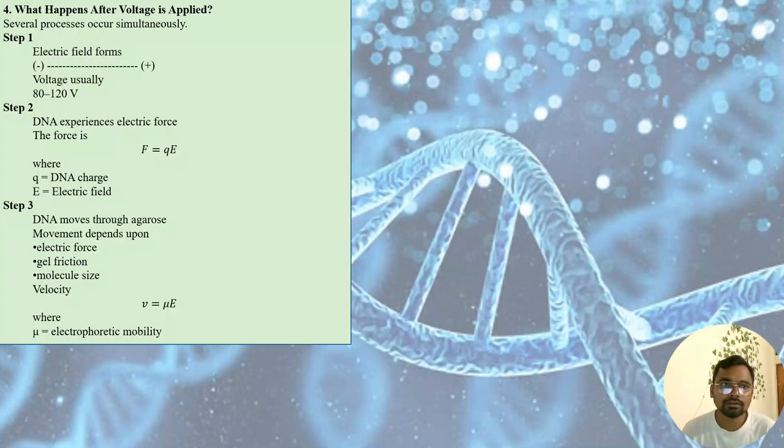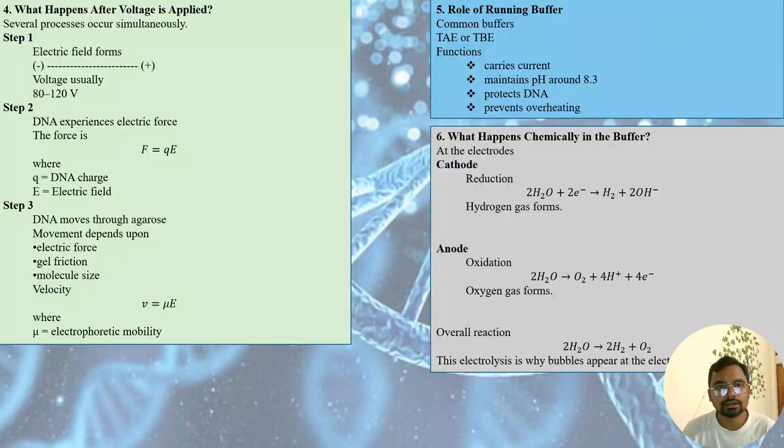So next we will discuss why we are setting the voltage, current, and time in this process. We apply a voltage of about 80 to 120 volts. The voltage creates an electrostatic force that supports the migration of DNA.